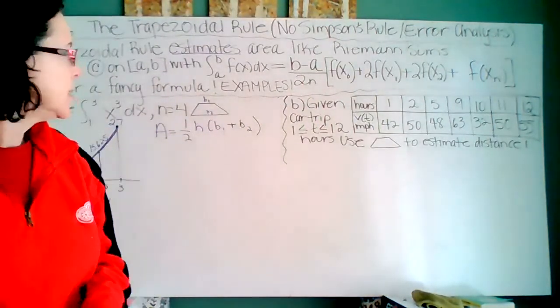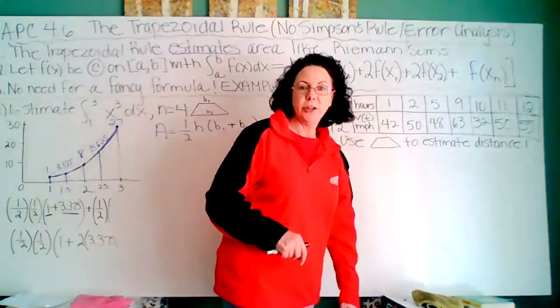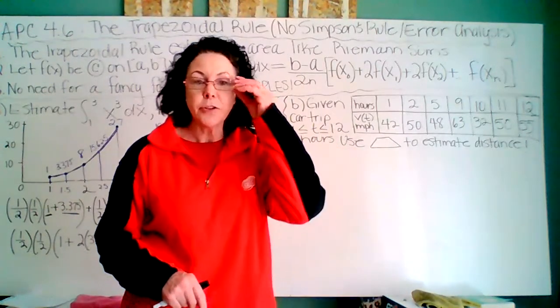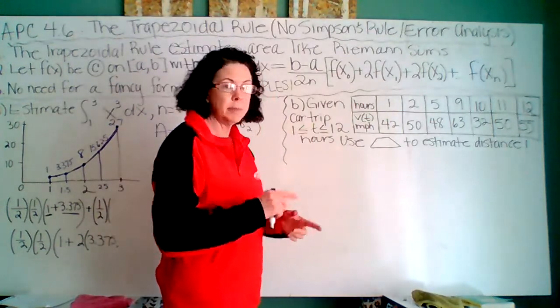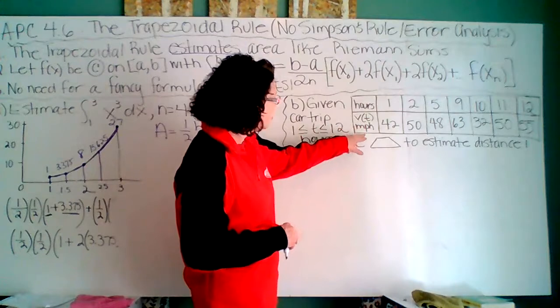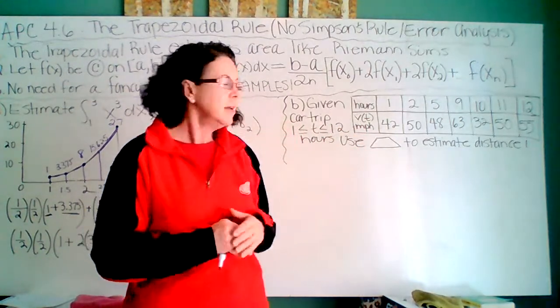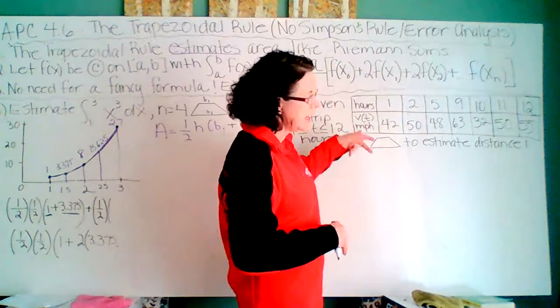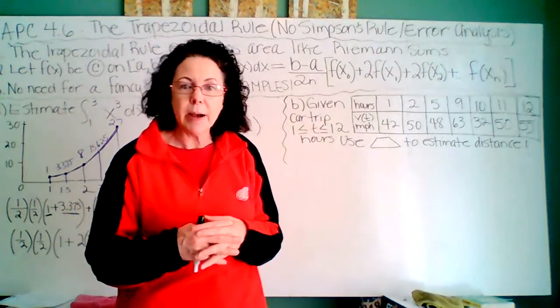All I'm going to do is for each one of these intervals, I find the area of the trapezoid to estimate it. Because we know area would be like a base times a height, and miles per hour times hours will give me miles. So the algebra of multiplying these two values together would give me the correct units in miles.